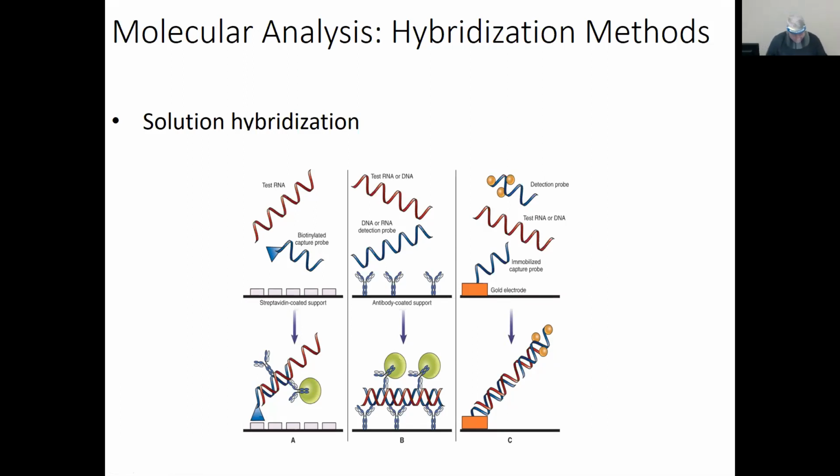But these are variations of the method to detect specific DNA and RNA: probe hybridization in solution, where we take a viral mix. The swab you have is put into a viral transport media, whether that's saline or something different. That was part of the issue with COVID: we didn't have enough of that.